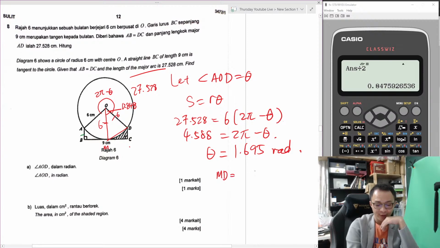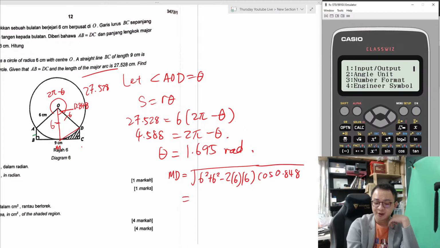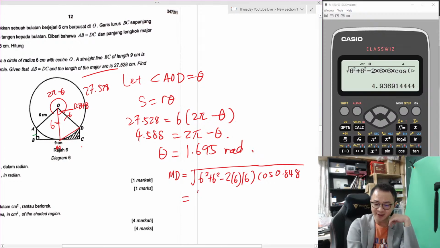MD equals square root of 6 squared plus 6 squared minus 2 times 6 times 6 times cos 0.848. I have no choice but to change my calculator to radian. This length is about 4.937.